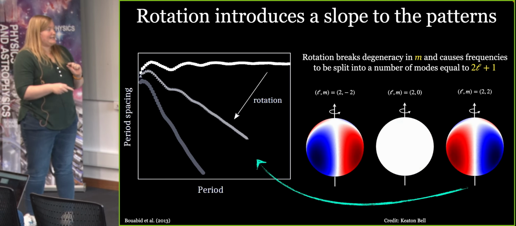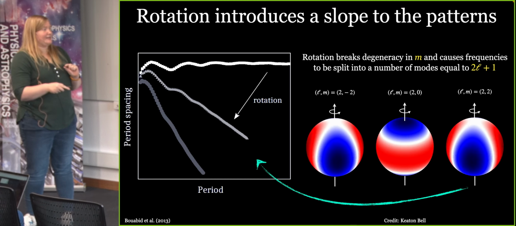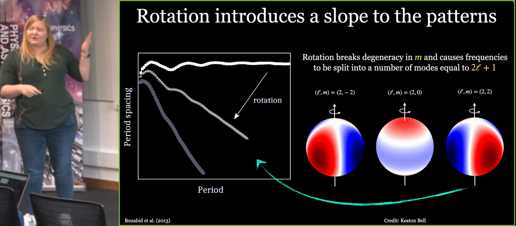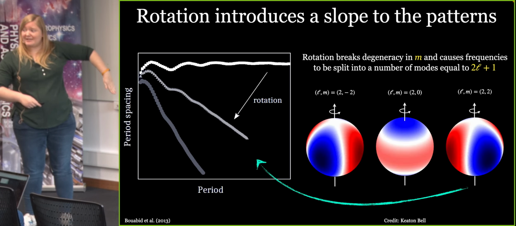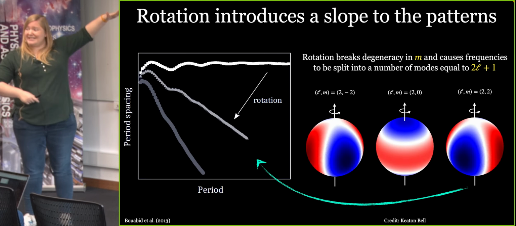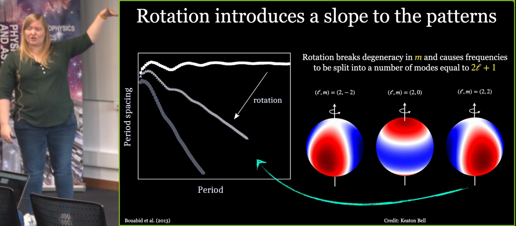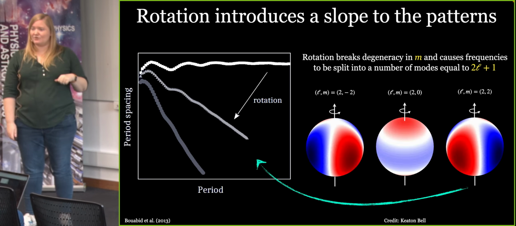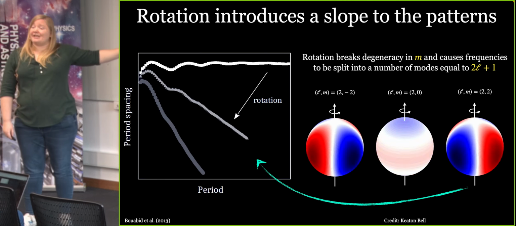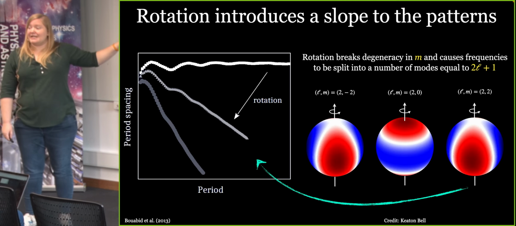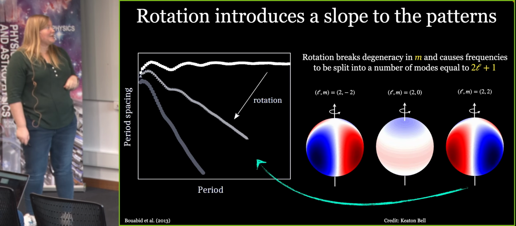So in this case, where we have oscillations that are traveling in the same direction, it means that the periods of the oscillations get shorter, and you introduce a tilt in these period spacing patterns where the steepness of the slope is determined by how fast the star is rotating. So again, by studying such patterns, we can learn something about the interior rotation properties of the stars.